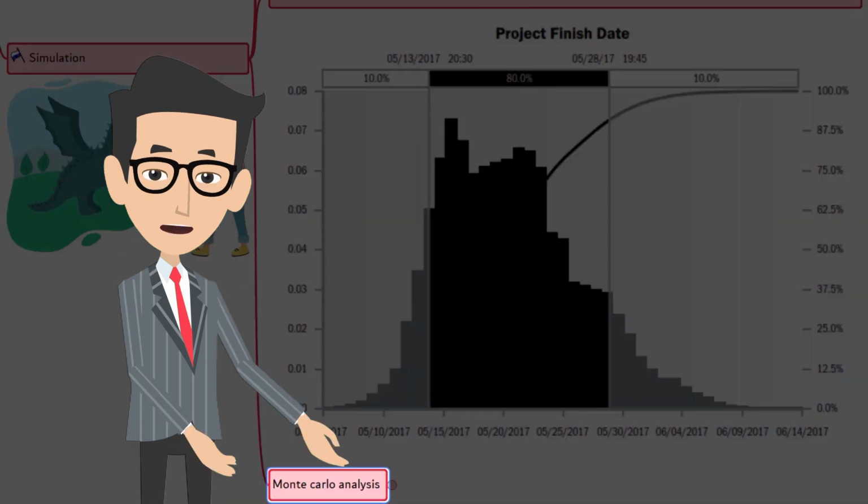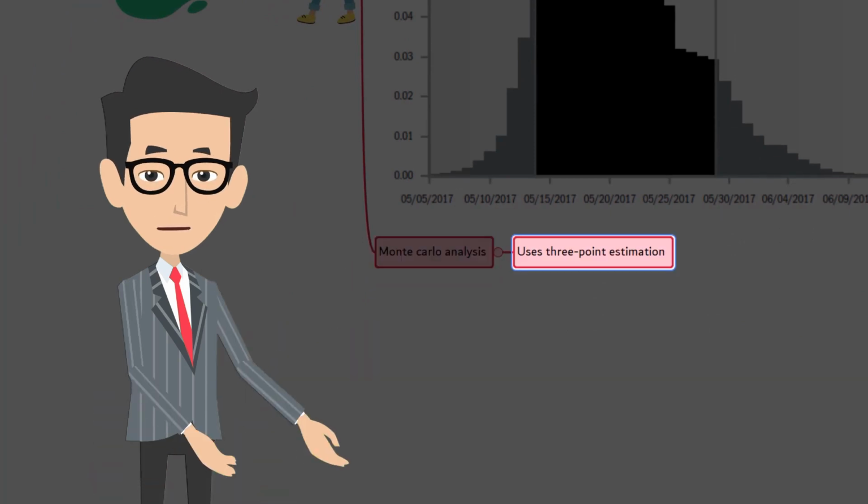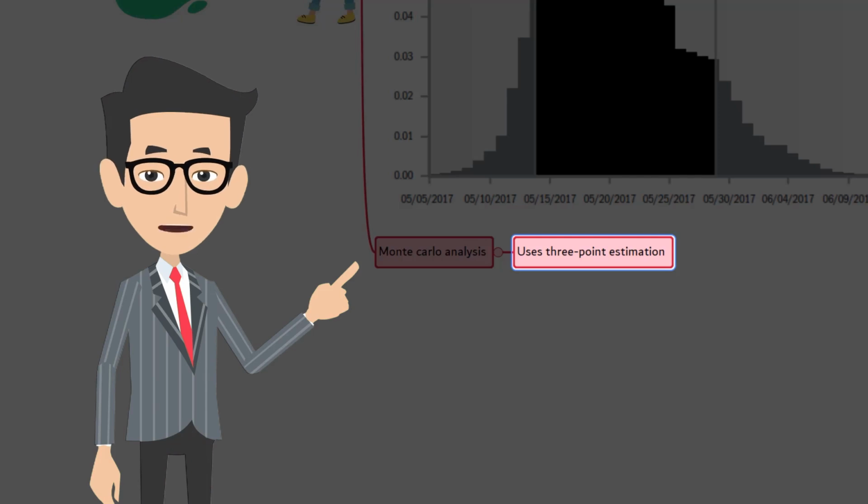One of the most common simulation technique is Monte Carlo analysis. Let's discuss about it. This technique uses computer software to simulate the outcome of a project based on 3-point estimates: optimistic, pessimistic, and most likely, and I hope you remember it, for each activity and the network diagram.